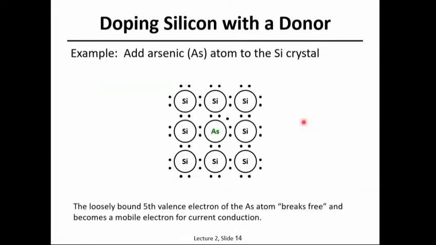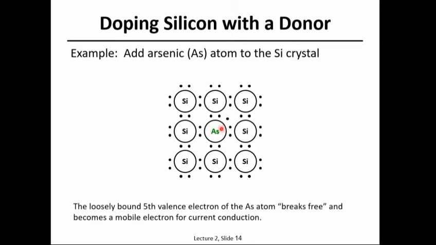Here is a slide you have seen in second year, where I presented the silicon atom with an acceptor. For the arsenic donor, the loosely bound fifth valence electron of the arsenic atom breaks free and becomes a mobile electron for current conduction.